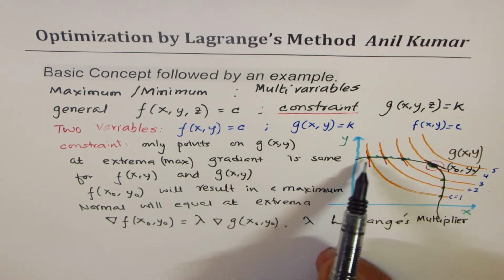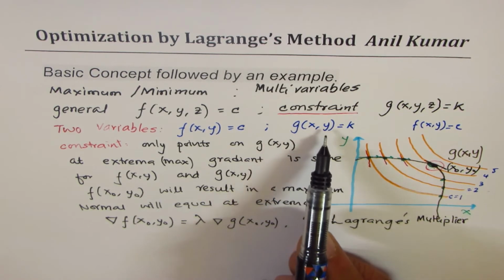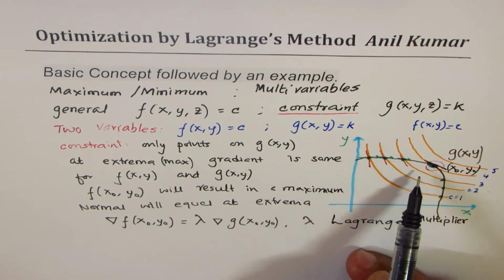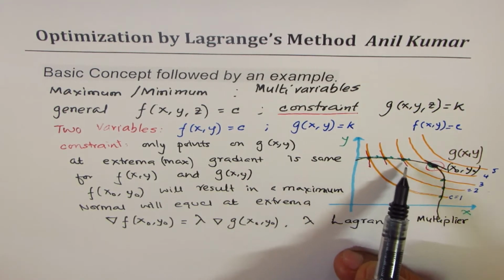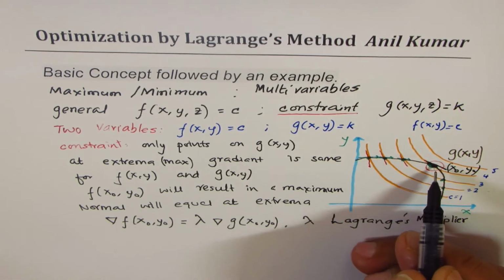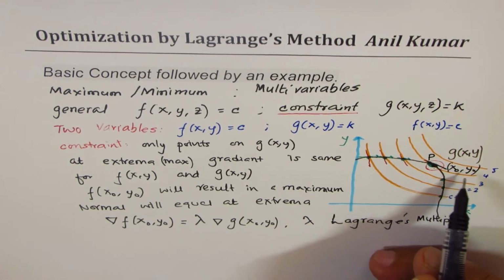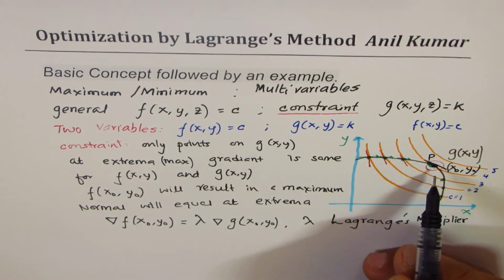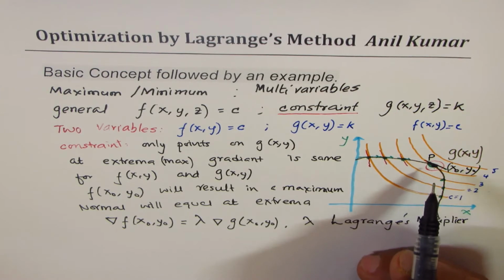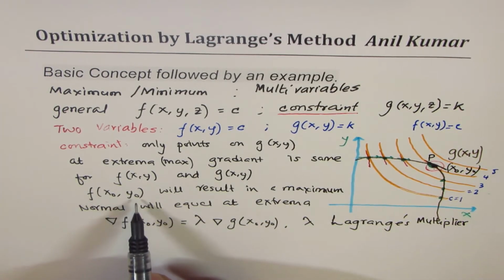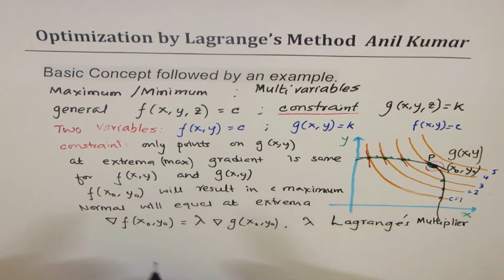And this curve shown here is g of xy equals k. From their points of intersection, we know the points in which we are interested. And definitely, the point P, which is marked here as x0, y0, is the one which gives us the extreme value.